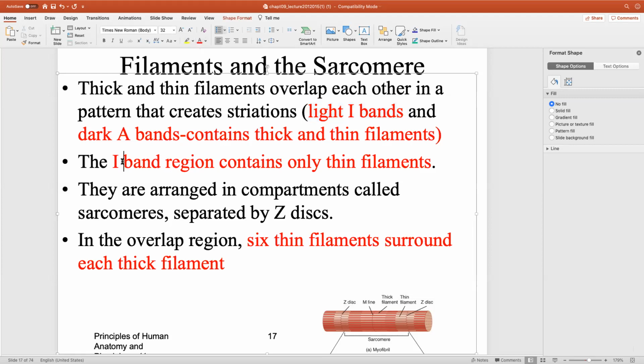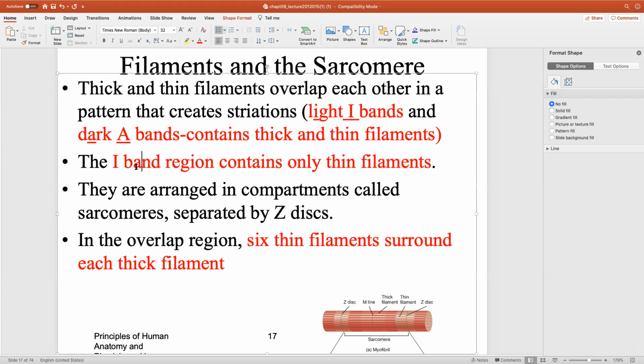Now, how can you tell the bands from each other? Simple, right? I bands are light. There's an I in light. Very simple, right? Dark bands are the A bands because there's an A in it. Simple ways to help you memorize which is which.